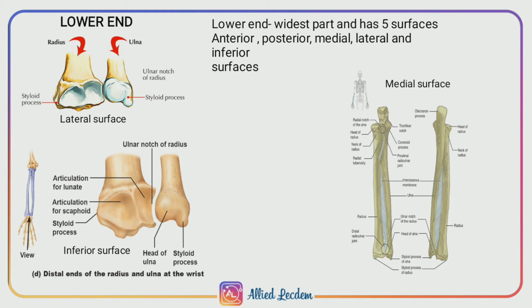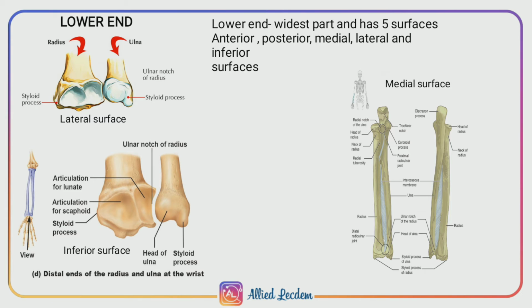Next we will see about the lower end. The lower end is the widest part of the bone. It has five surfaces. The anterior surface is in the form of a thick prominent ridge. The radial artery is palpated against this surface. The posterior surface presents four grooves for the extensor tendons. The dorsal tubercle of Lister lies lateral to the oblique groove.